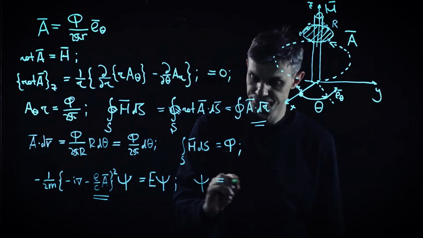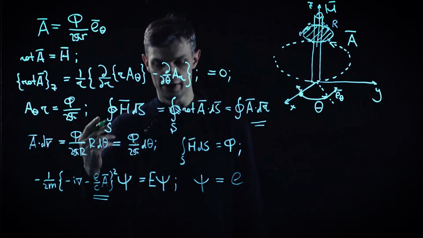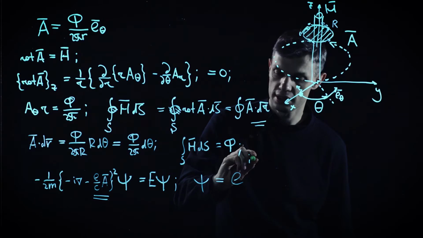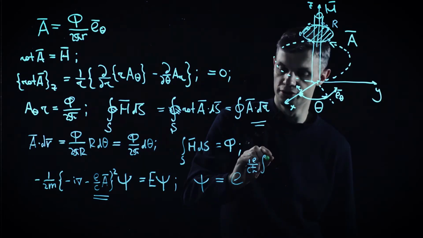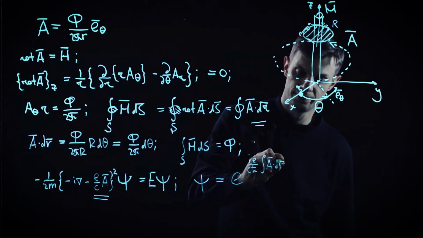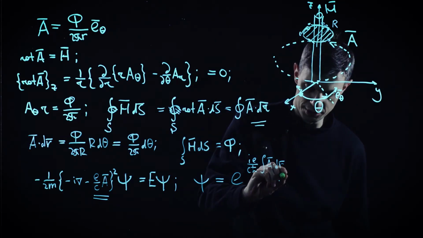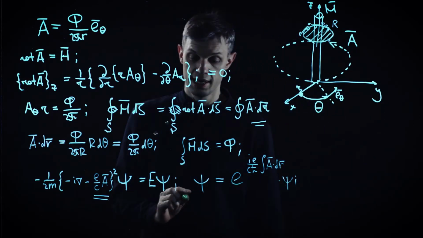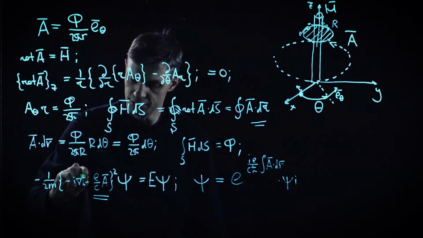For example, you may introduce the gauge-rotated wave function, which looks as follows. It's e to the i e over c h bar times the contour integral of the vector potential times dr, times the new wave function, which we'll denote with the small psi symbol. There is an h bar constant here, of course.